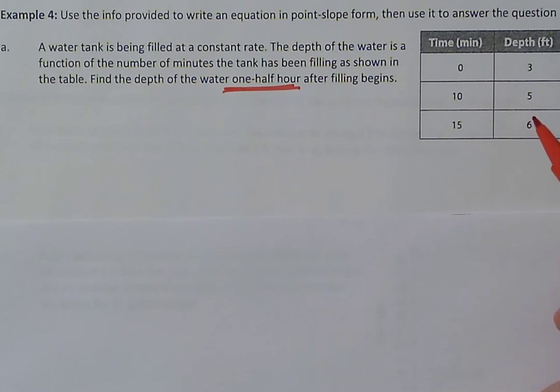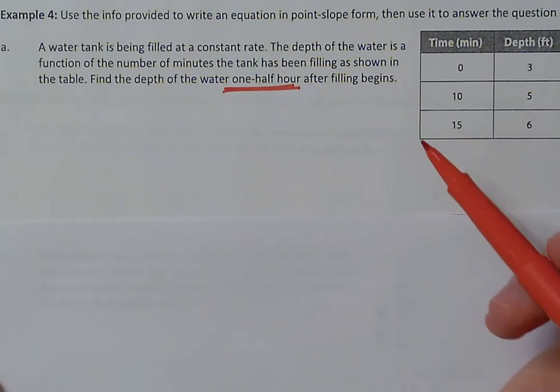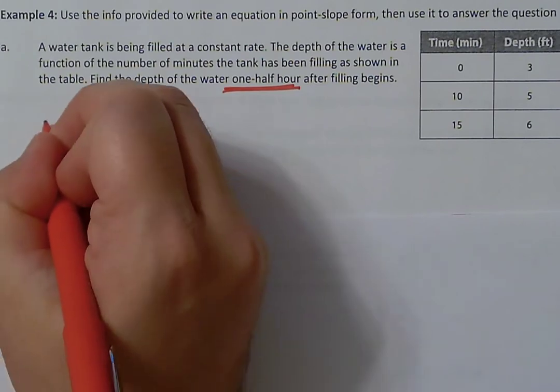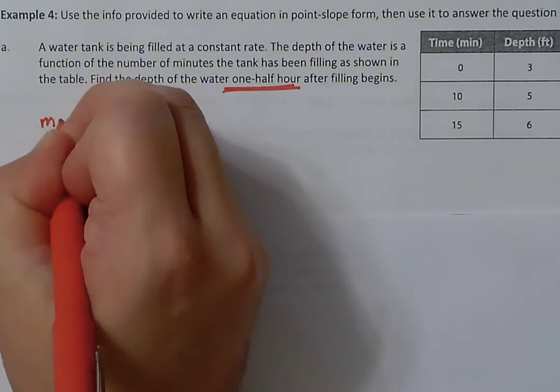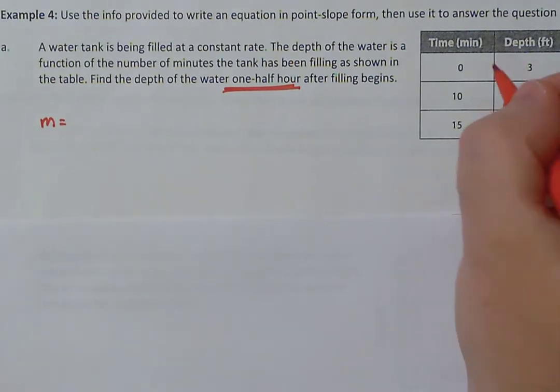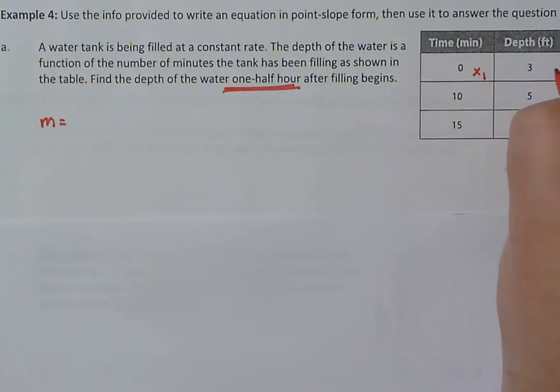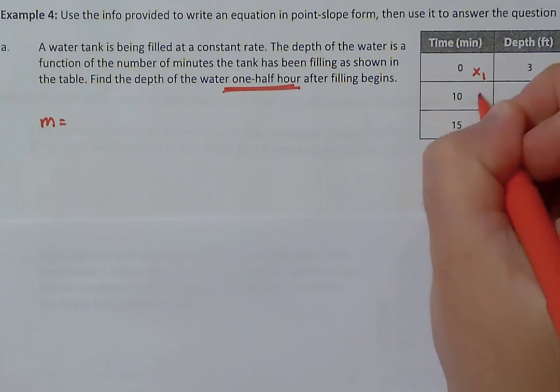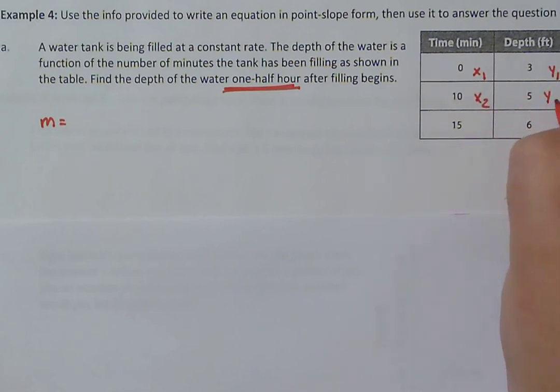Now, to do these problems, the first thing you need to do is figure out your slope. If they don't tell you your rate of change, you have to find your slope first. So m equals y2 minus y1 over x2 minus x1. I'm going to use this as my x1, y1, and my x2, y2.